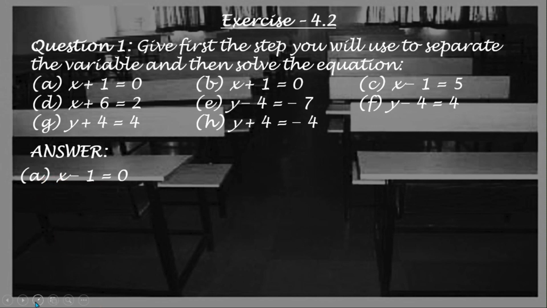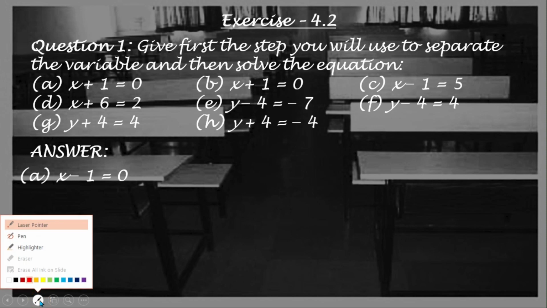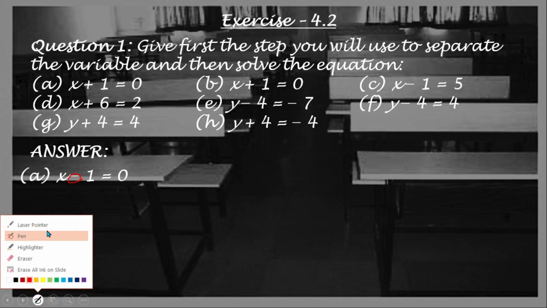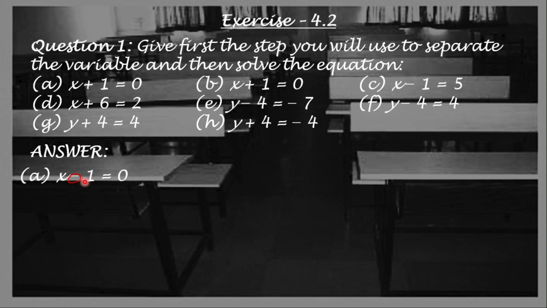To solve this question, first you need to know what is the sign between them. Here we can see that the sign is minus. So here we have x minus 1.